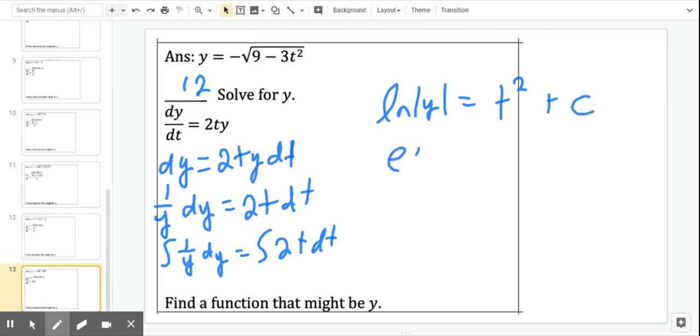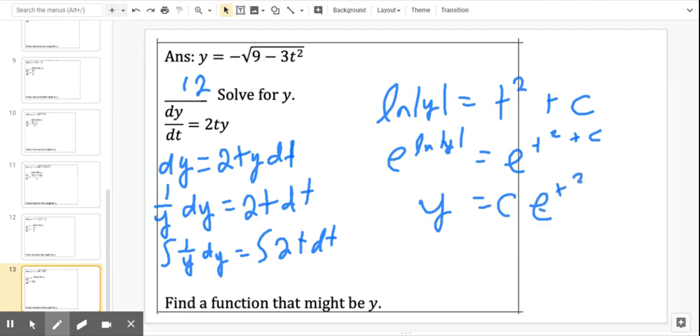To get the y alone, we do this nice little trick. So then we're just left with y equals, I'm not going to write this out again. You know now that the c comes out in front, e to the t squared.